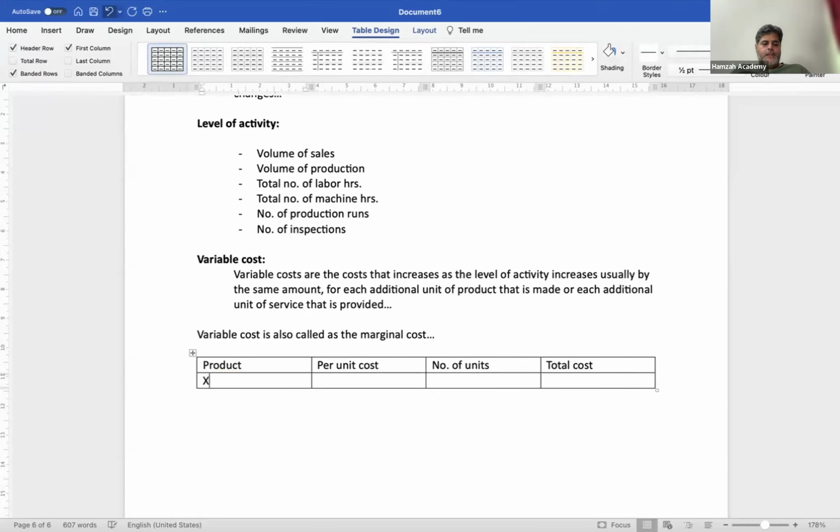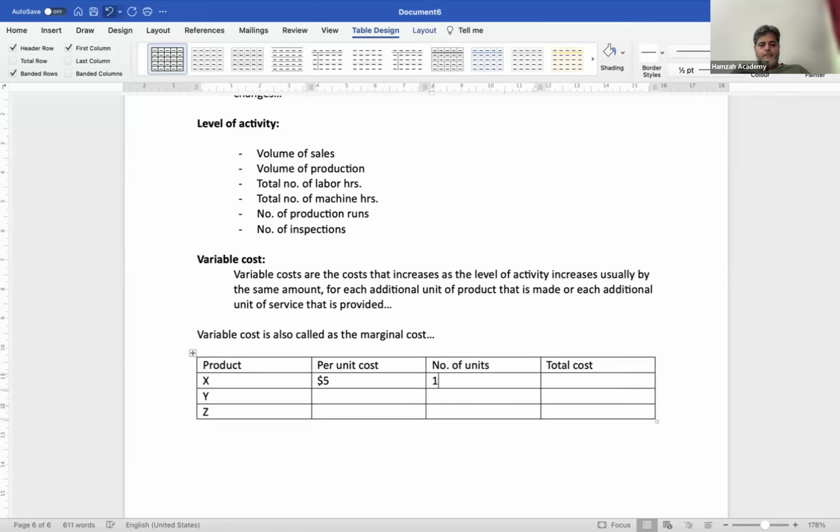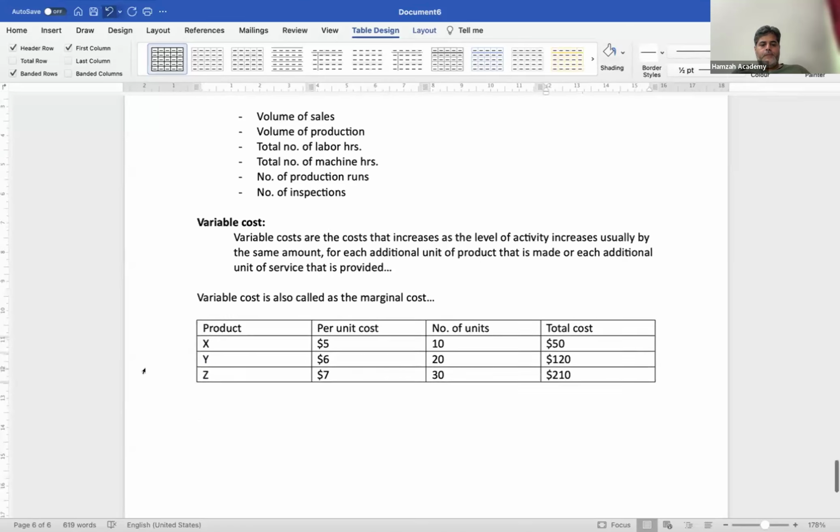Like, we have products X, Y, and Z. Per unit cost is $5. We have a total of 10 units, so we have a cost of 50. This is per unit 6. We have the number of units at 20, so 6 twos are 12, so this is 120. And then over here we have 7. The number of units is 30, so this is going to be 210.